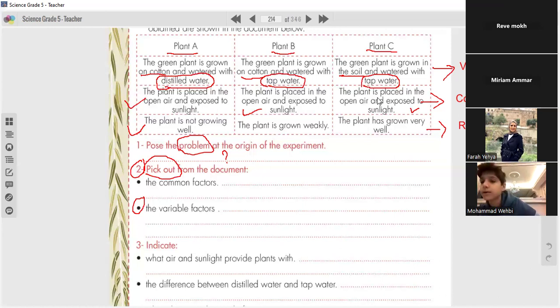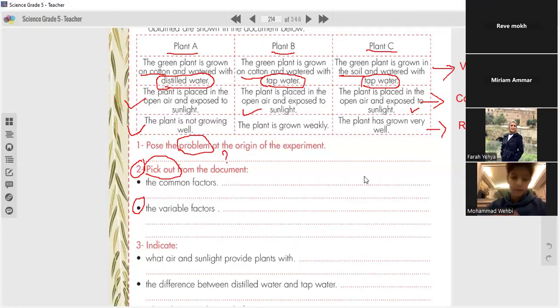Let me remind you the variable factor is the difference. So the soil. That's why you put plant C in the soil, while plant A and B you put them on cotton. This is the first variable factor.